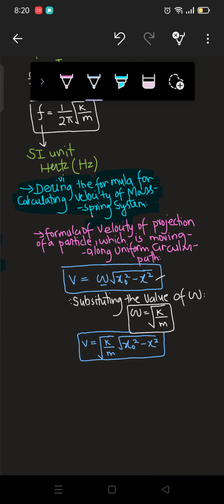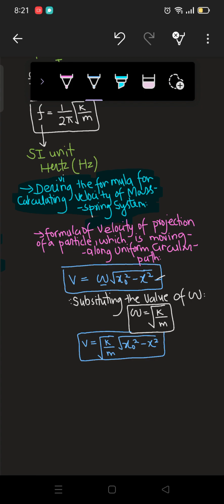See what we did: we initially wrote the formula of the velocity of a projection of a particle along a uniform circular path, which is v is equal to omega under root x naught square minus x square. Then we just needed to substitute the value of omega, and we did that, right? We found that omega was equal to under root k over m. We just substituted this in the velocity formula.